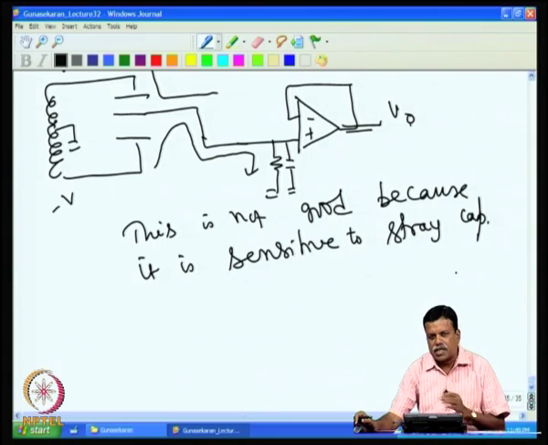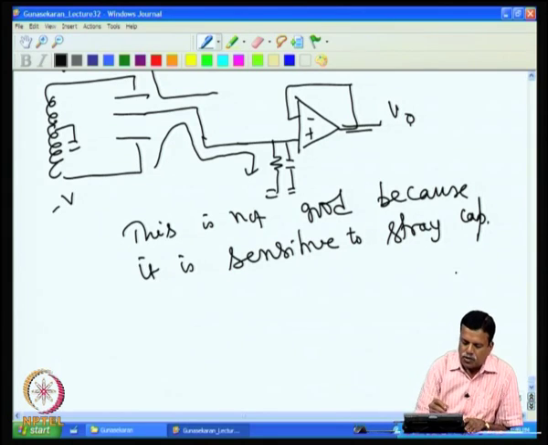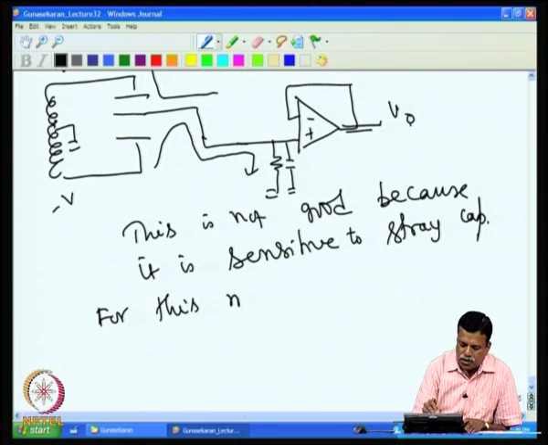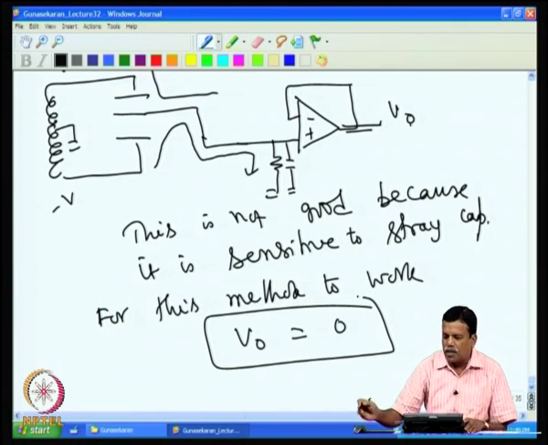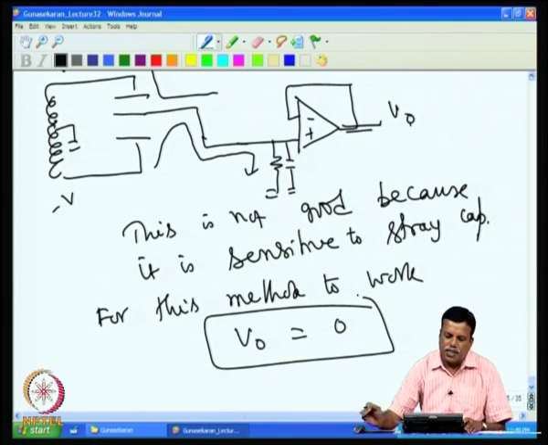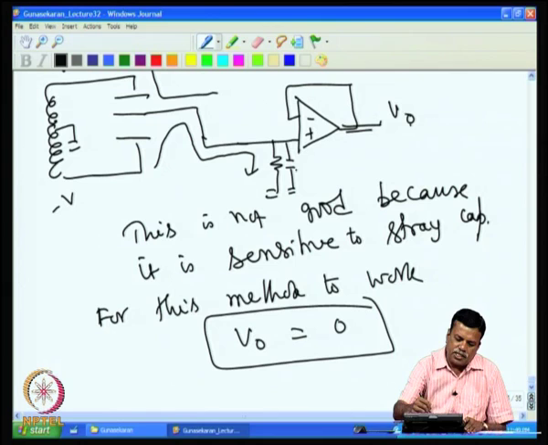If this method has to be successful, it should be a null method. For this method to work, V naught should be equal to 0. This is very important, because if V naught is 0, then this voltage is 0 and this capacitor has no effect.